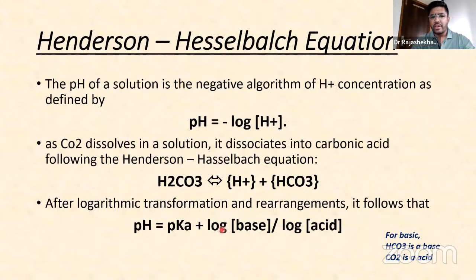The pH is mainly dependent on the log of the amount of base and the amount of acid in the body. So pH is directly proportional to the amount of base. As the base increases, the pH increases, which causes alkalosis. As the acid increases, the pH decreases because the denominator increases, so the overall product decreases. So the pH is directly proportional to the amount of base and inversely proportional to the concentration of acid.